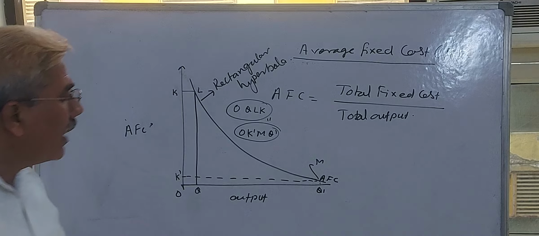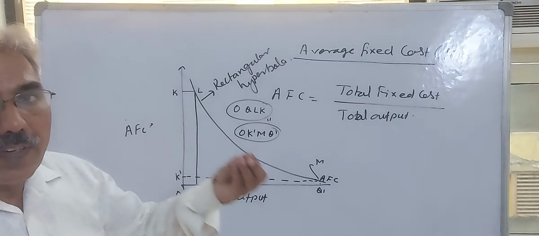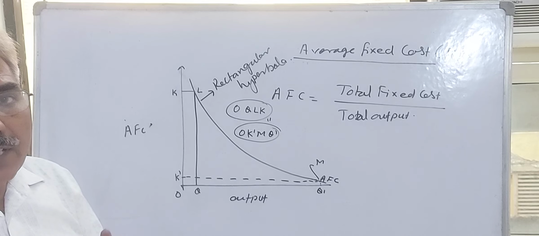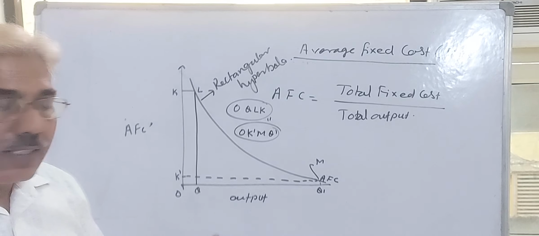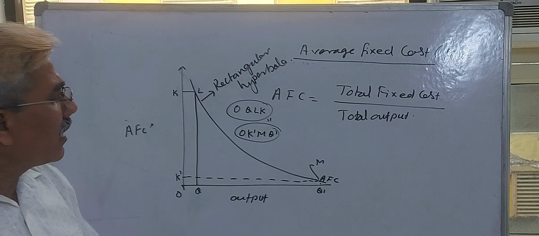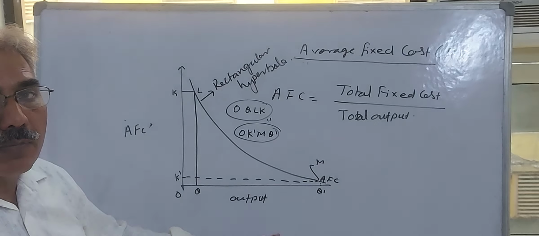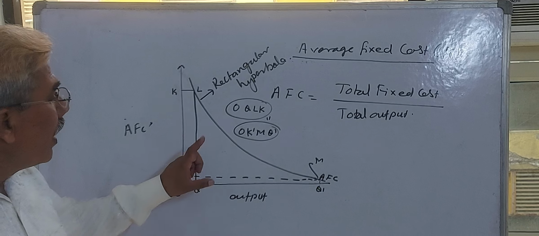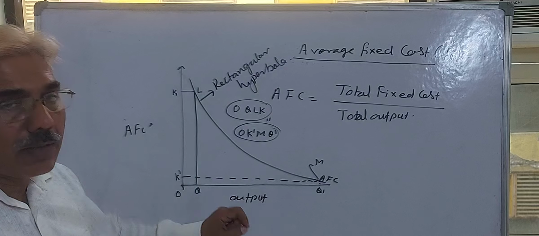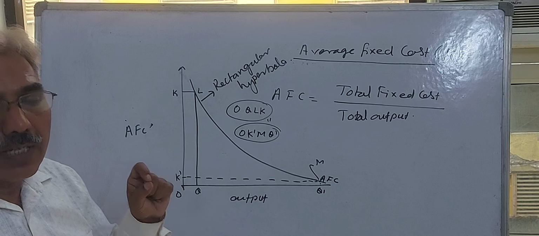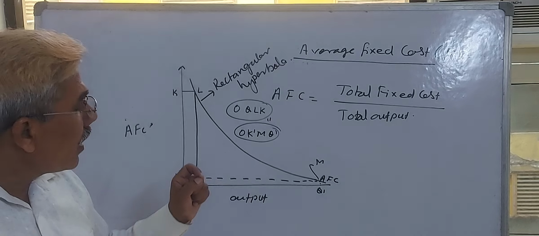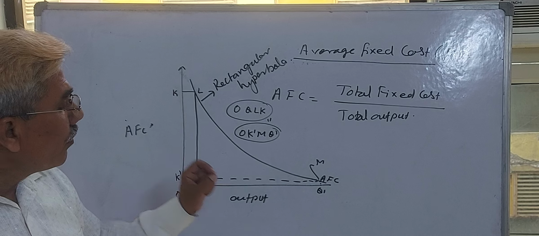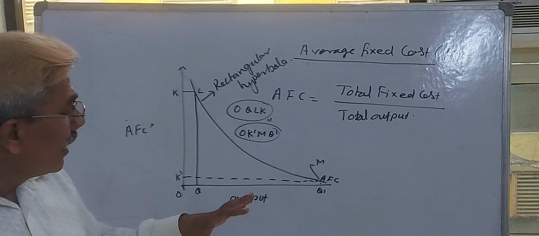Why is this a rectangular hyperbola? Total fixed cost is always constant, so the structure of the average fixed cost curve is a rectangular hyperbola. At any point you can estimate on total output, the total fixed cost will be the same, while per unit output average fixed cost seems to decline.